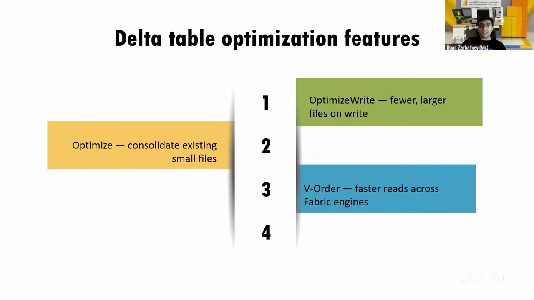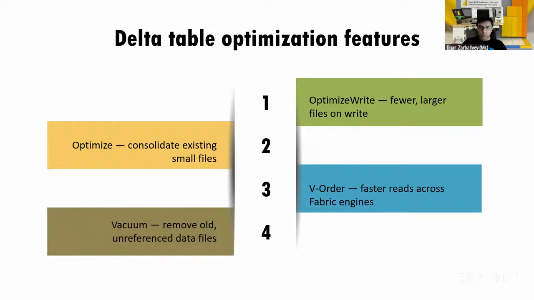The third one is V-Order, an optimization applied to the Parquet files themselves that makes reads dramatically faster across the Fabric compute engines. And the fourth is vacuum, which removes all data files that are no longer referenced, reclaiming storage.